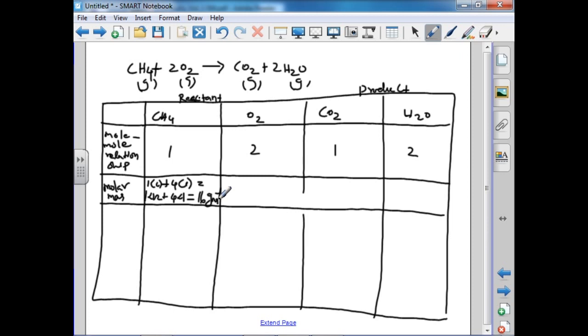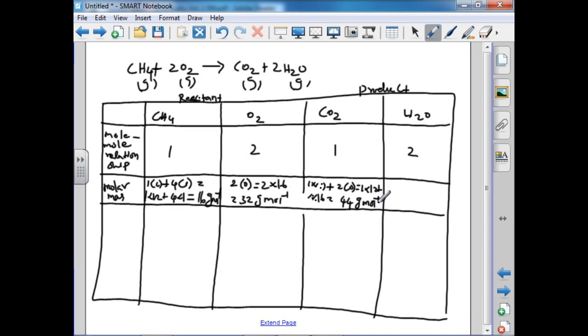Next one is oxygen. 2 atom of oxygen equal to 2 into 16 equal to 32 gram mole inverse. Molecular formula of carbon dioxide CO2: 1 atom of carbon and 2 atom of oxygen, so equal to 1 into 12 plus 2 into 16 equal to 44 gram mole inverse.